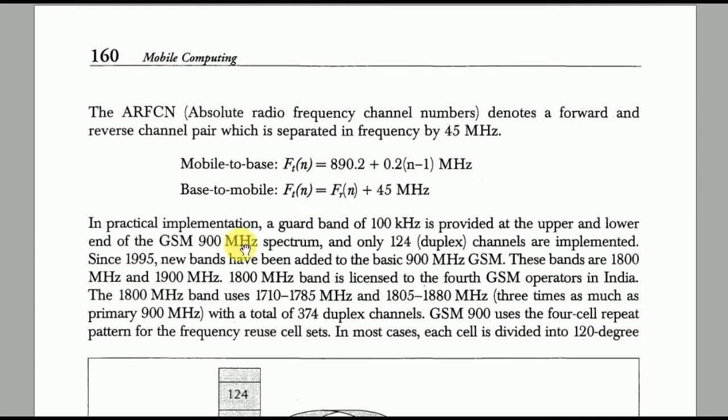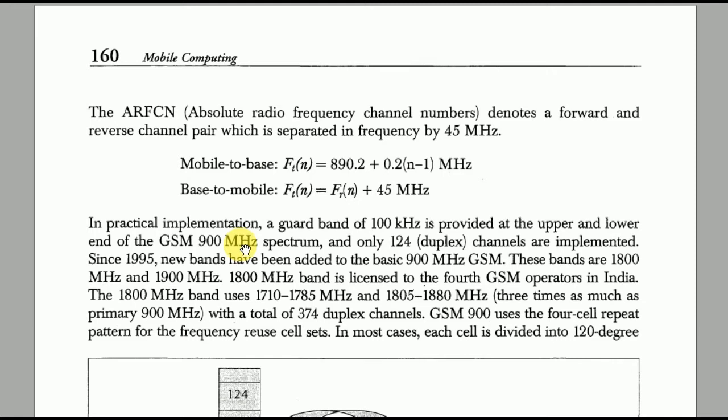In practical implementation, a guard band of 100 kHz is provided at the upper and lower end of the GSM 900 MHz spectrum, and only 124 duplex channels are implemented. Also, some new bands are added to the basic 900 MHz GSM band.